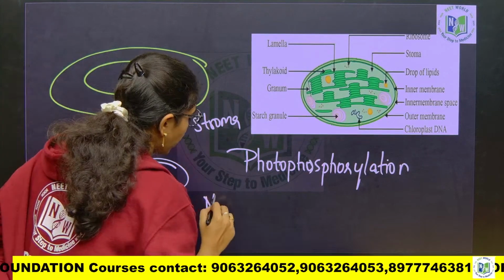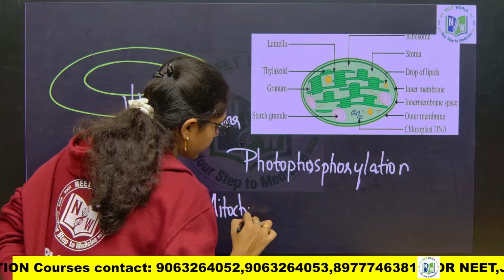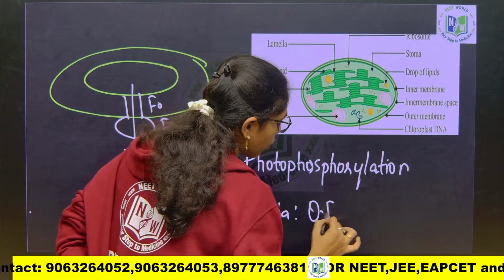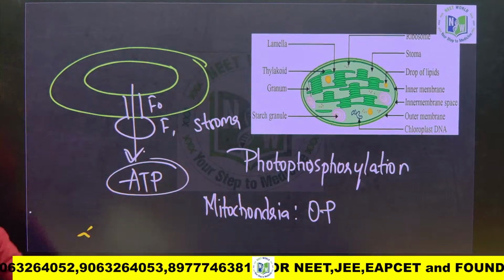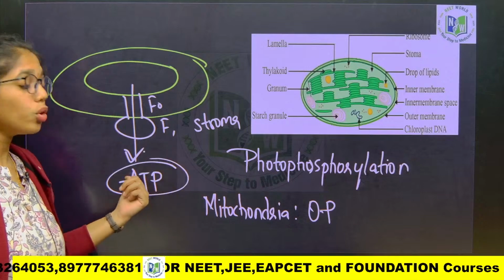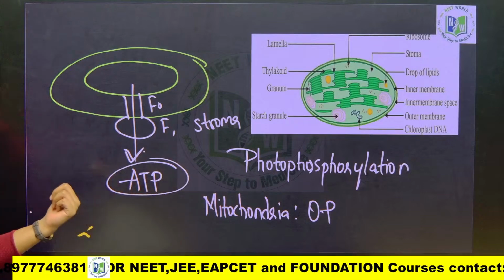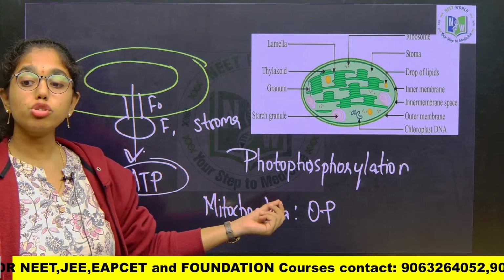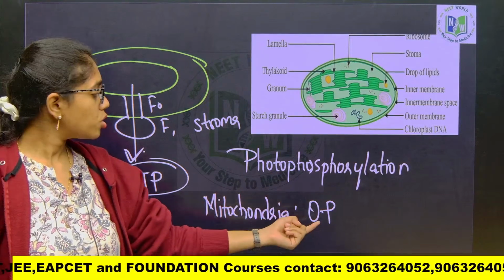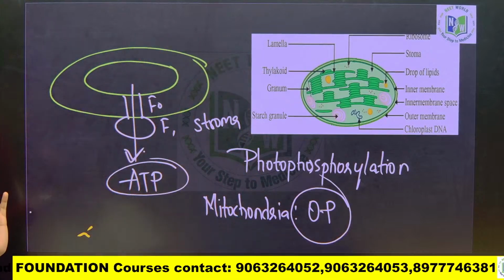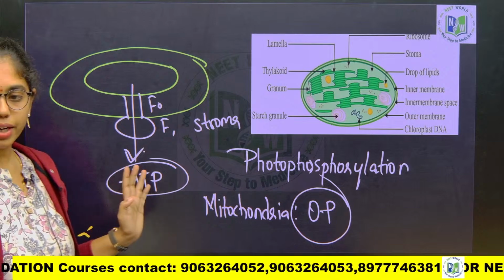It is called photophosphorylation because a phosphate group is added to form ATP in the presence of sunlight. Whereas in mitochondria, it is through oxidation processes, so it is called oxidative phosphorylation. Clear, right? Everything is fine till here, right?